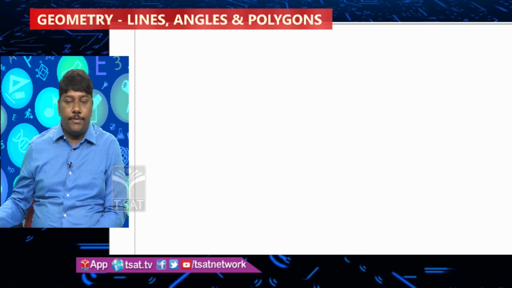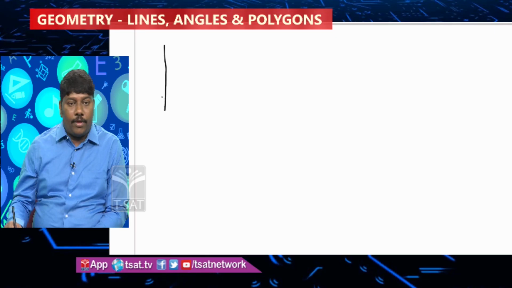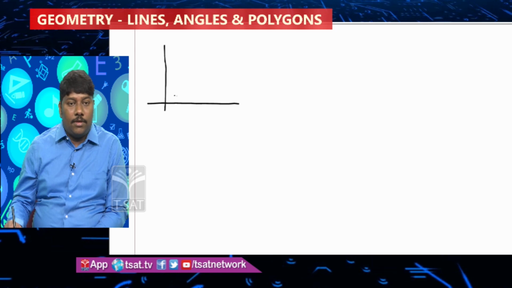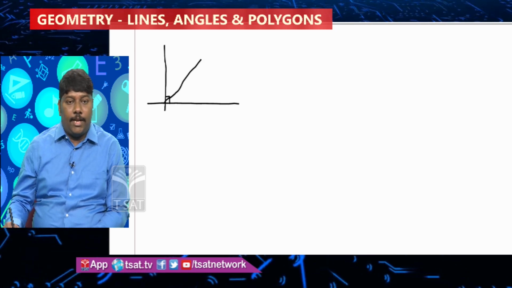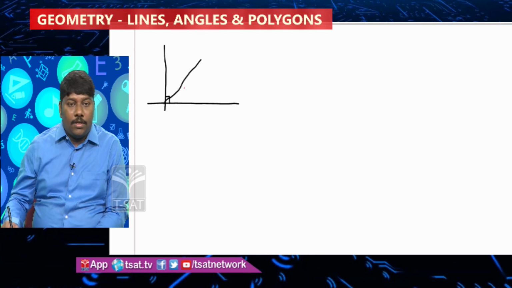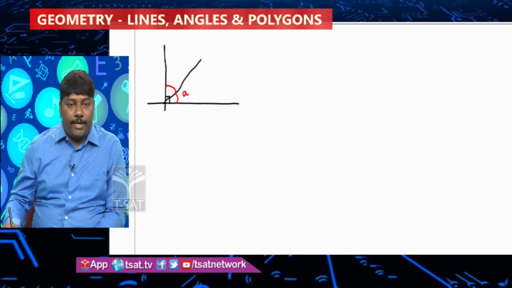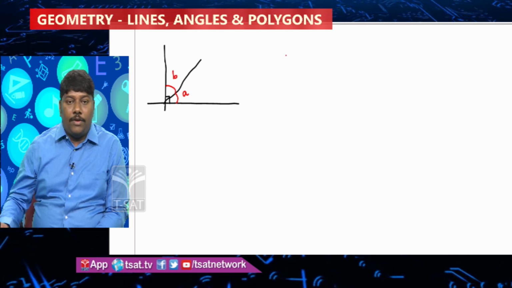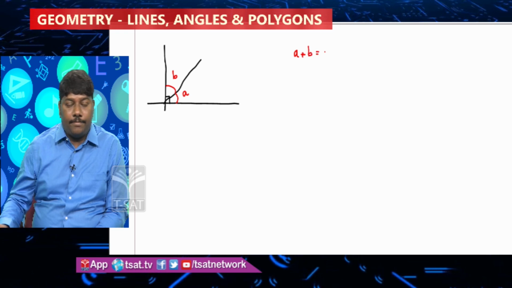In addition to this, suppose two angles, this is a right angle, I am dividing this right angle by using a line. Let us say this angle is A, the rest of the angle is B, and we know that A plus B is equal to 90 degrees here.